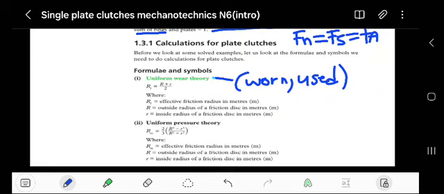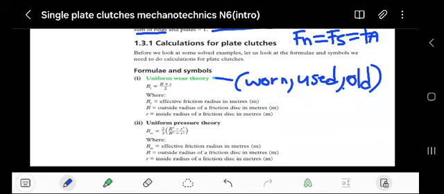Uniform wear is associated with used clutches, old clutches. This is the theory we call uniform wear theory.